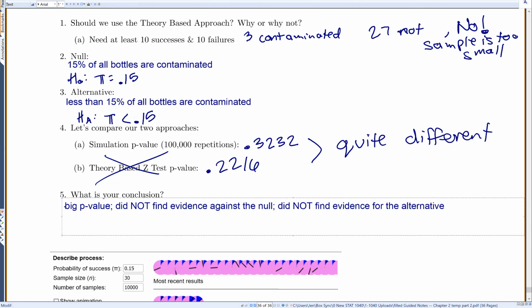So those are the general things for your boss. You always frame it in context of the problem, and it should always be in context of the alternative hypothesis because that's what you're hoping to show. So we did not find evidence that the proportion of all bottles contaminated is less than 15%.